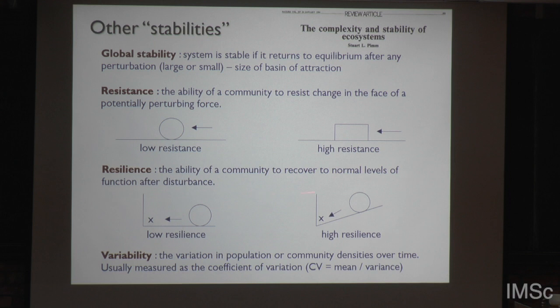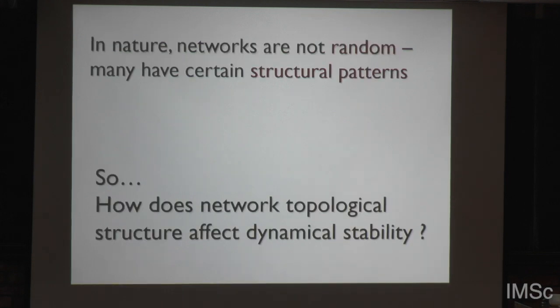It could be something which technically is known as resistance, like how hard is it to change the system if you give it a perturbation. Resilience, which basically says how quickly does it go back to its equilibrium once you have disturbed it. And variability, which is basically saying what is the variation in the density over time, usually measured as a coefficient of variation, that is the ratio of the mean to variance.